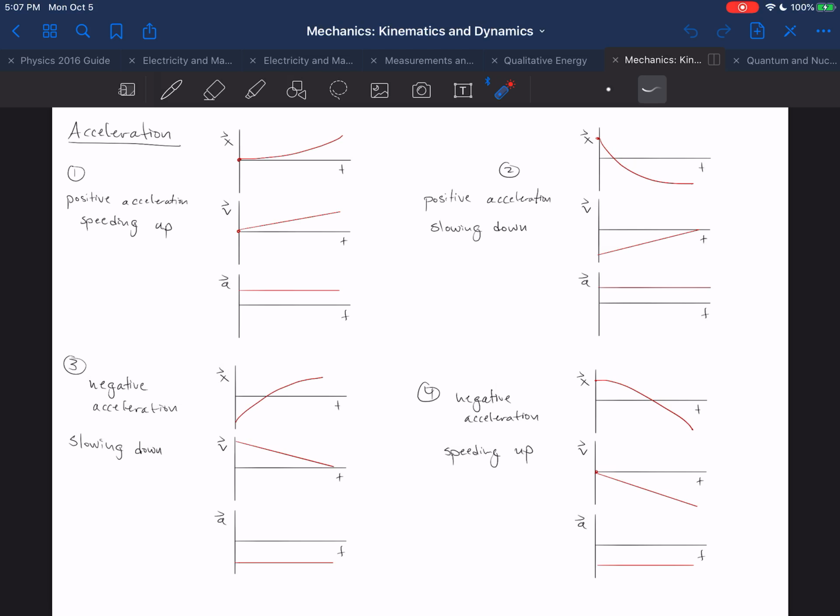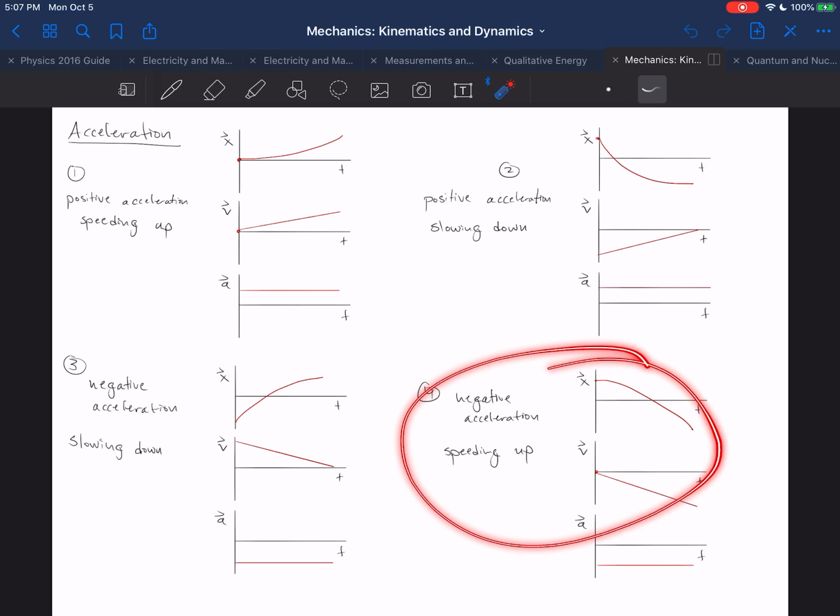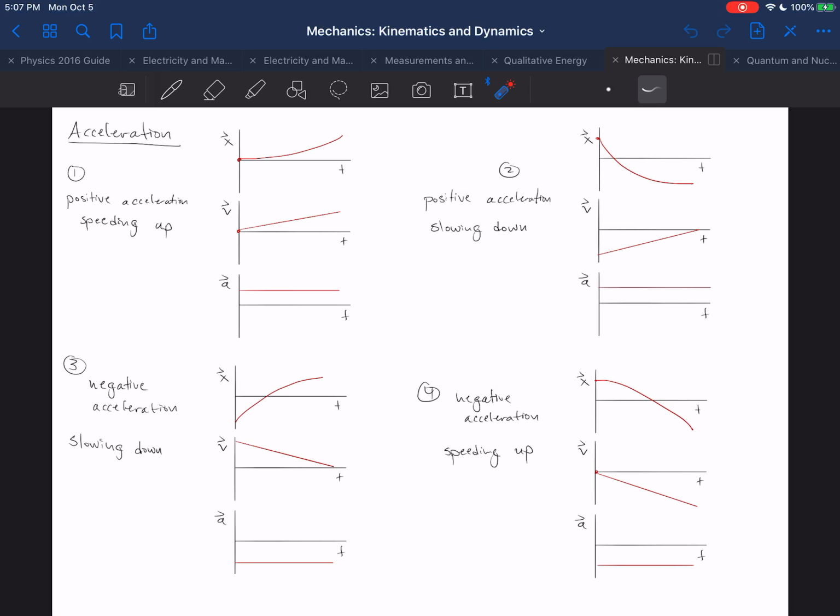Finally, what about a case of negative acceleration where you're speeding up? For negative acceleration speeding up, we want to make sure that we are moving in the negative direction. If I start out at a 0 velocity, then my velocity is going to get more and more negative, for example, negative 1 meters per second, negative 2, negative 3, negative 4, negative 5 meters per second, moving very fast at the end, but with a negative acceleration.